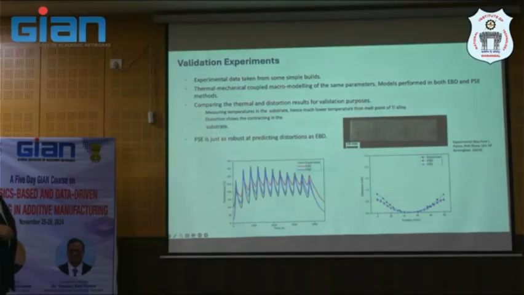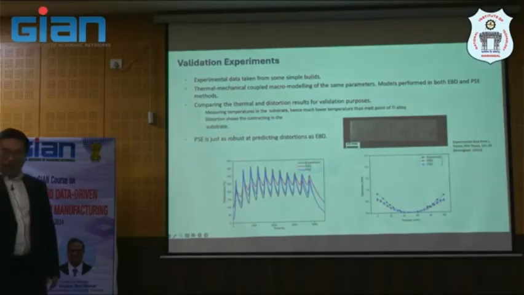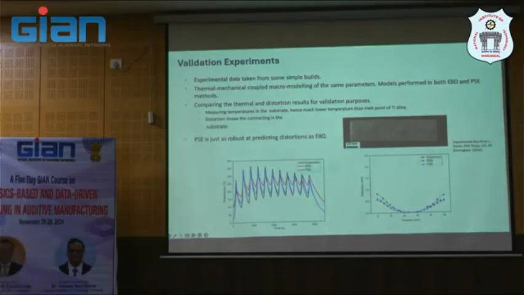So we use the data from two methods, which are element birth, that means activating element by element, and also property switching. So we switch the function here. So you will see that the property switching function gets predicted temperature at the base using thermocouple measurement, very close to the experimental measurement here.